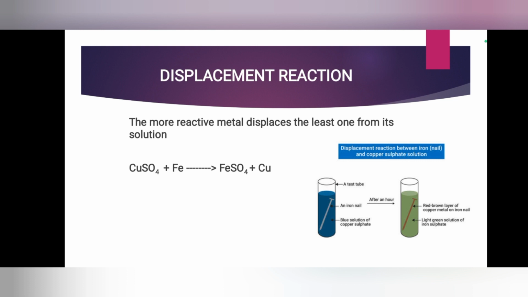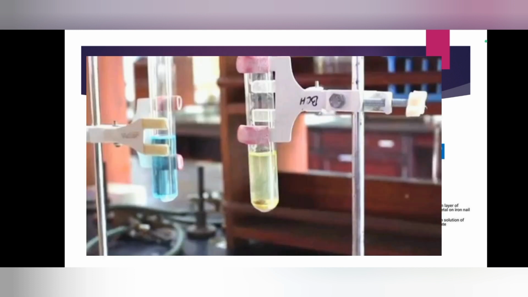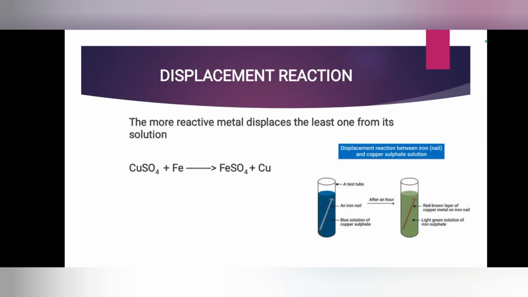So what is happening there actually? This iron is more reactive than copper, so it displaces copper from its solution. Iron being a more reactive metal than copper, it is able to displace copper from the sulfate ion, and the color of the solution changes to pale green.